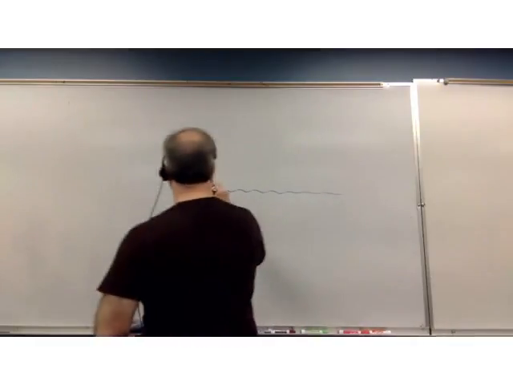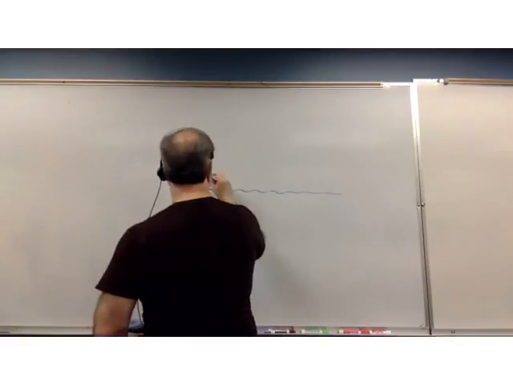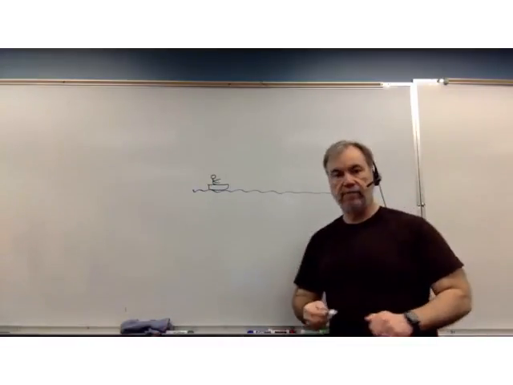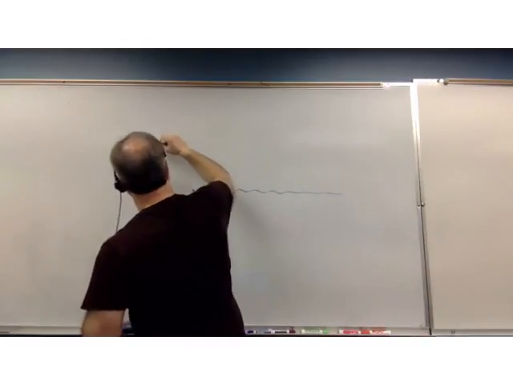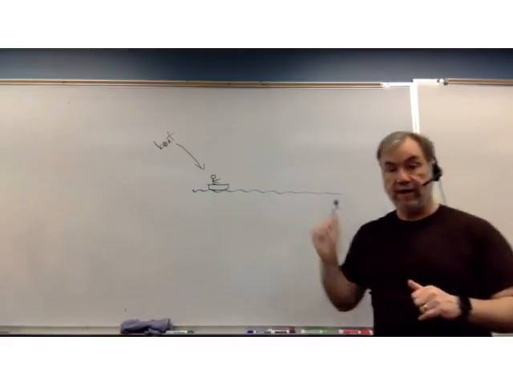And you know it's the surface of the lake because there's a boat on it. And you know it's a boat because I told you it was. There. Now you know it's a boat. That's how good an artist I am.